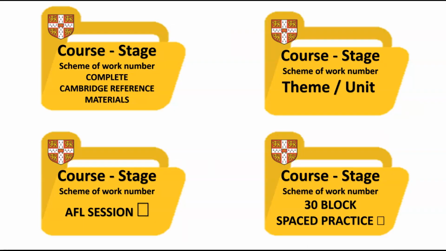So as soon as you go into your Google Drive, you're going to make 4 main folders. One will have all your Cambridge reference material. 2 will have your theme or unit. Now, hopefully you've done more than one, and so you might have 3, 4, 5, or 6 of those.